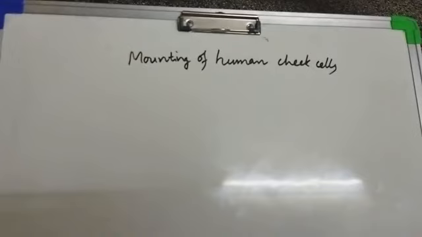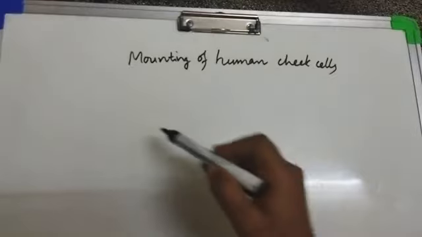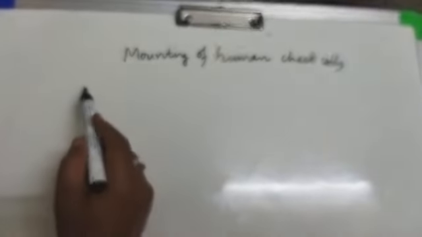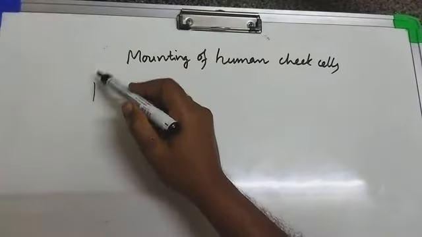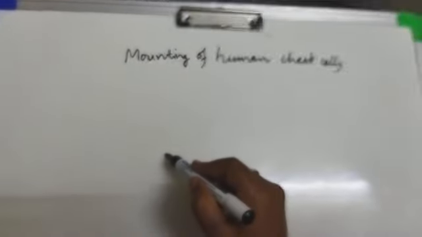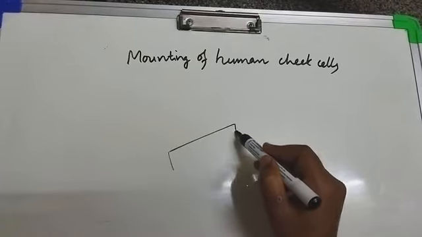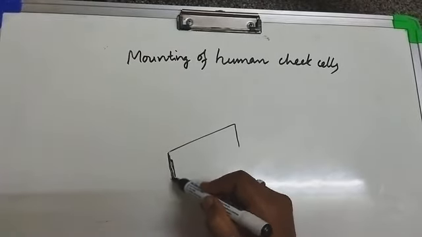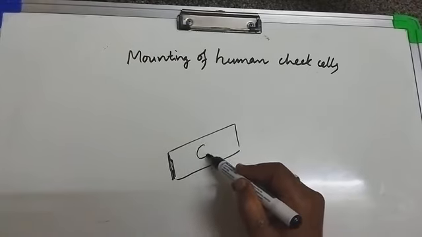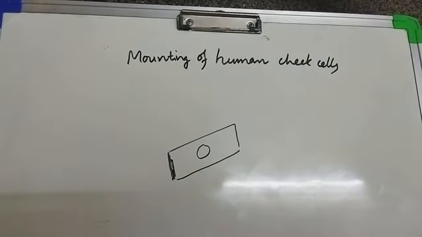First, take a slide with a drop of water on it. Then what do we do? We have to take an ice cream spoon or a toothpick, or in our lab a particular instrument is available called a scapula.